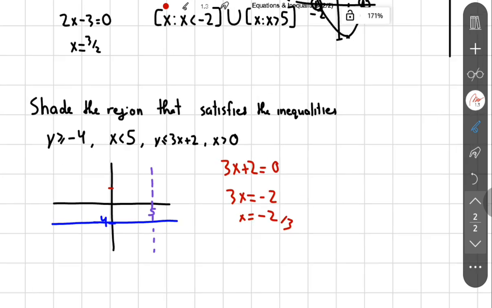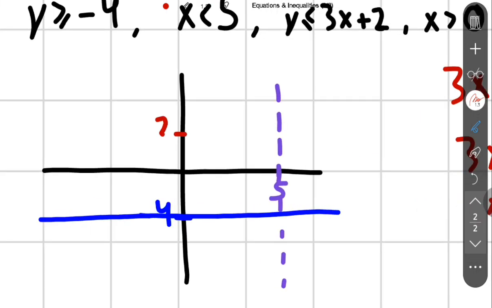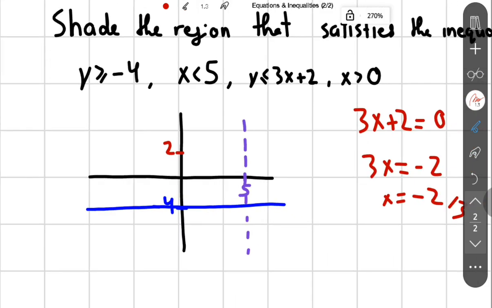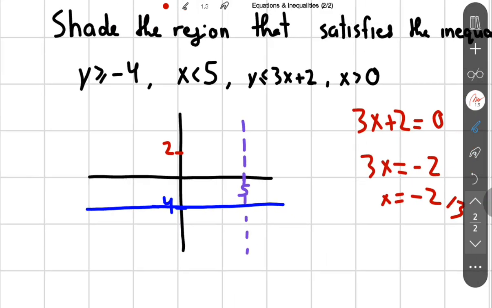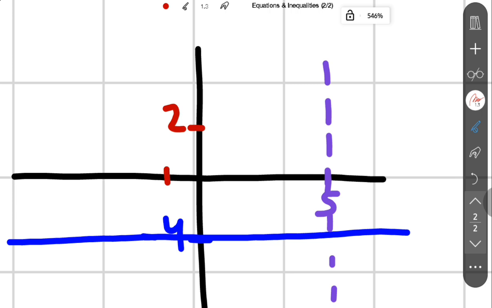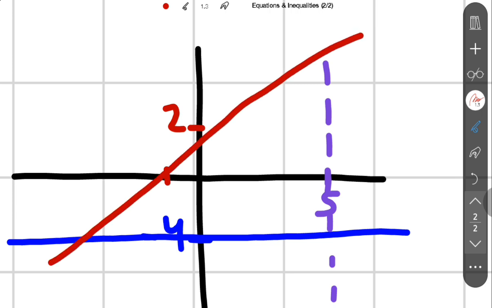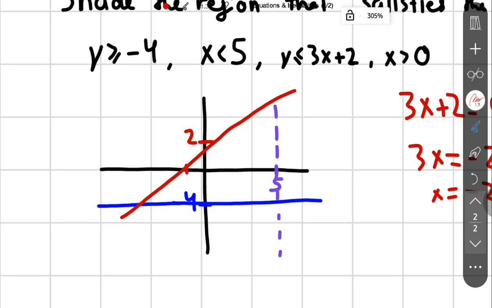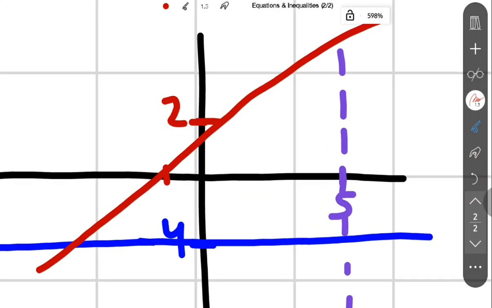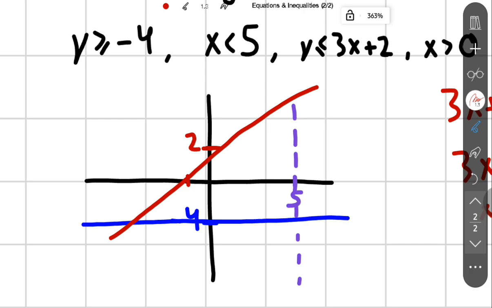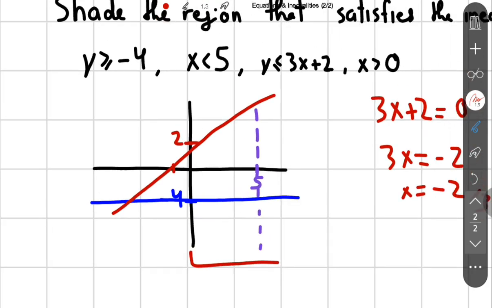Okay, so I wasn't wrong. And 2 somewhere here. -2/3, is it less than 1? Yeah, it's less than 1, so it's very close up here. It doesn't matter, let's just say till here is y equals 2. And x is greater than 0, so it's somewhere along here.